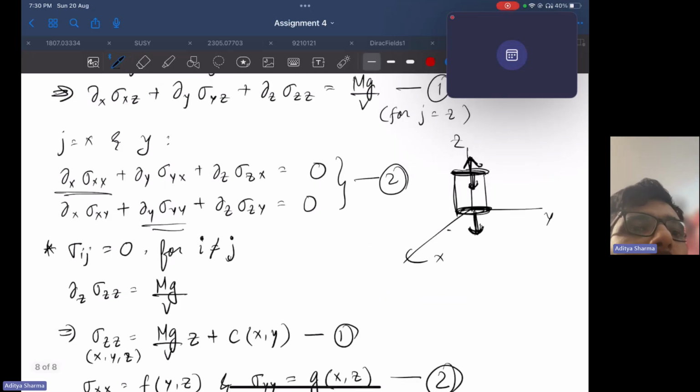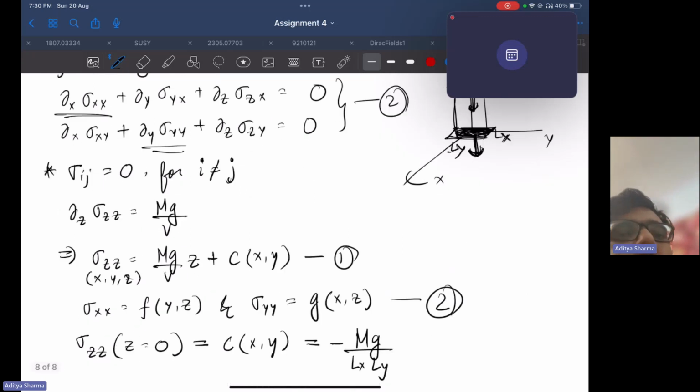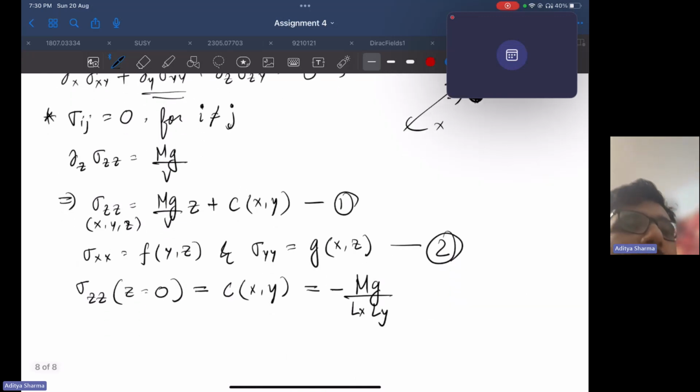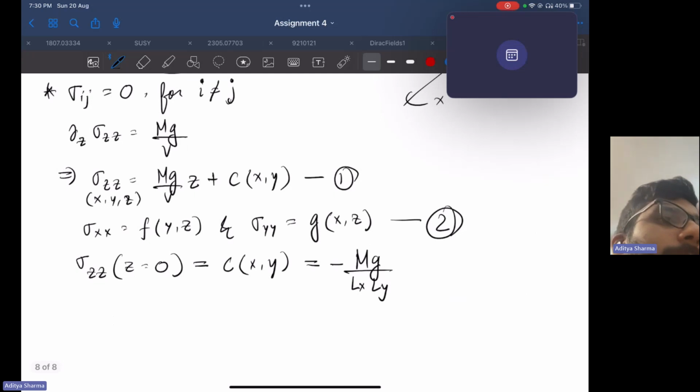What I want to say is this is force and the area is Lx times Ly. So force per unit area is body force times Lz.